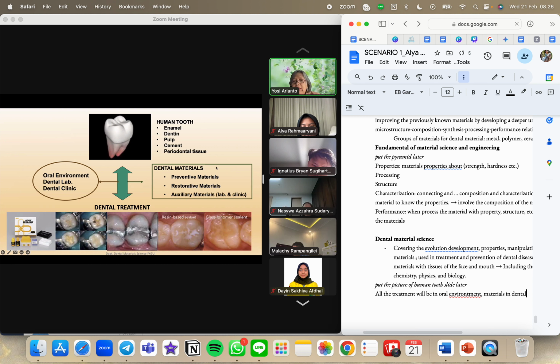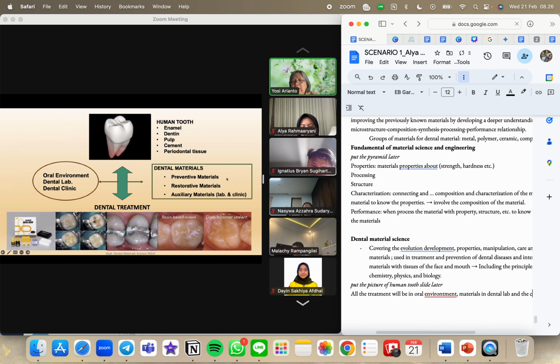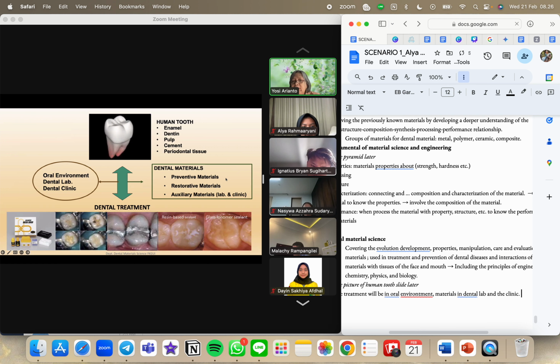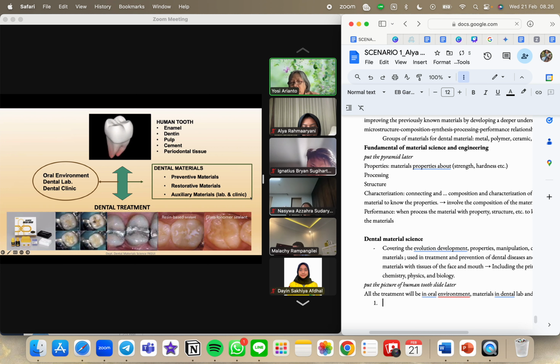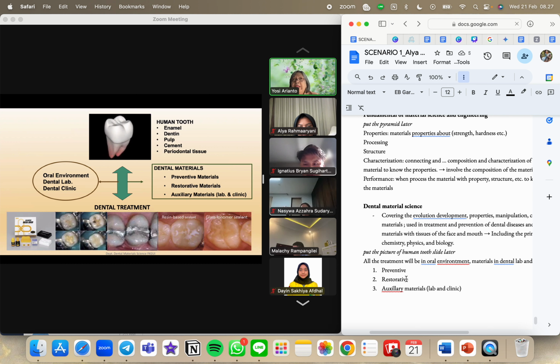As you know, for dental materials we usually use preventive materials, restorative materials, and auxiliary materials, for the lab and the clinic. Preventive is if there is no disease, to maintain the cleanliness of our teeth and mouth.